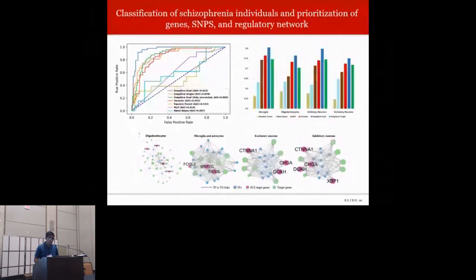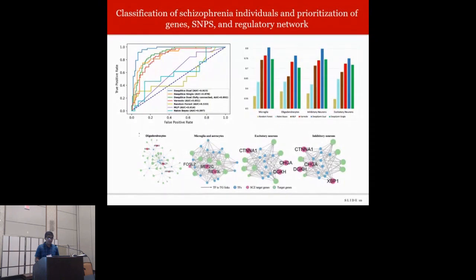On the top left that you see is the AUC curve, and we can clearly see that the blue and the red one is our model. We can clearly see that both dual modality, where you key in both modalities as input, and single modality, where you key in only one modality as input, our model performs very well. Similarly for each different cell type.